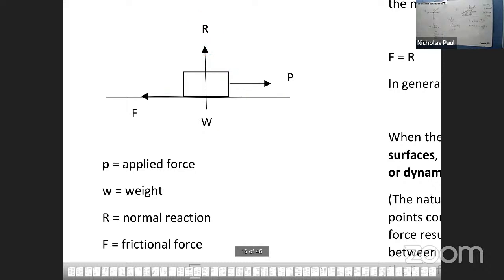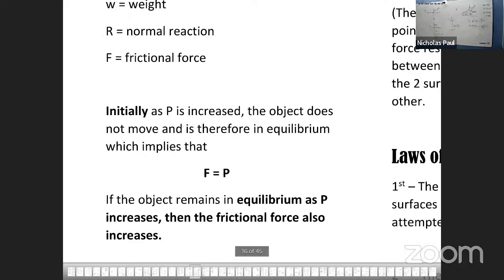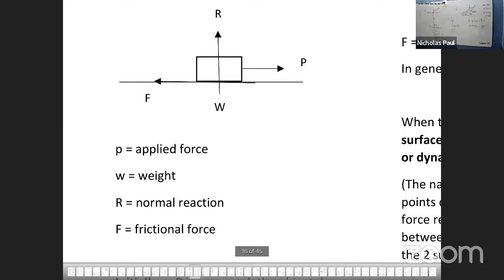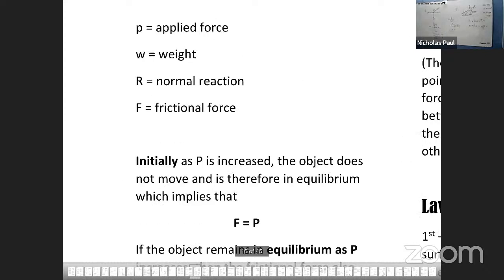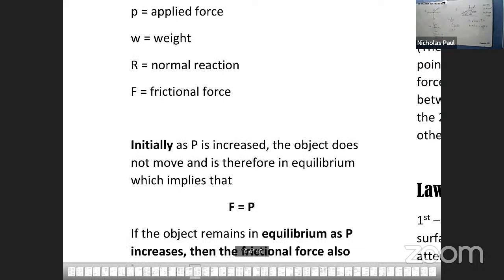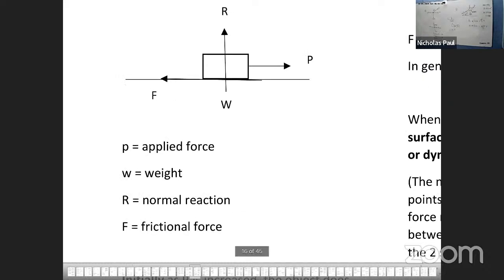So here's what happened. F is the frictional force, right? Initially, as P is increased, the object does not move and is therefore in equilibrium, so F is equal to P. That makes sense?